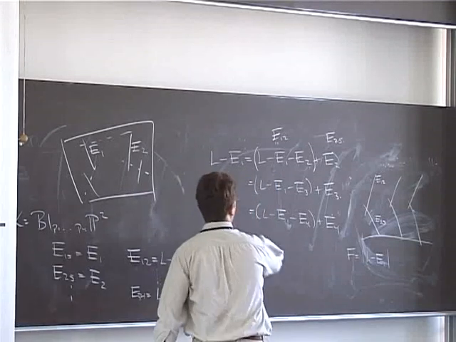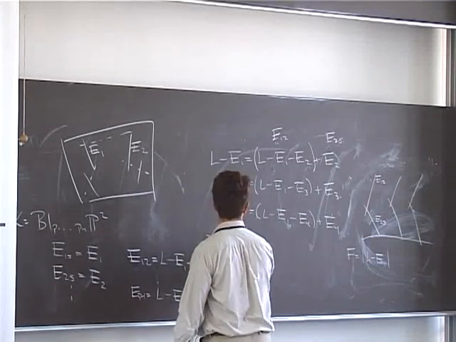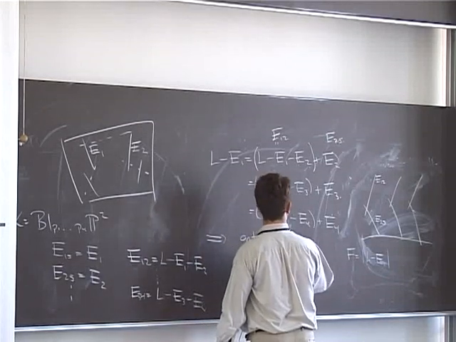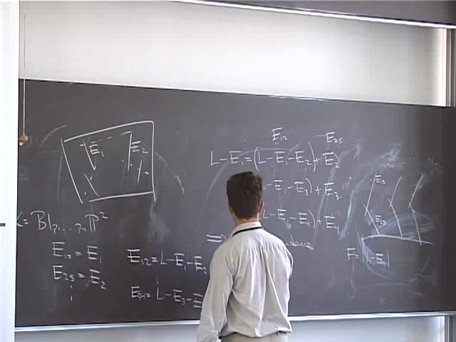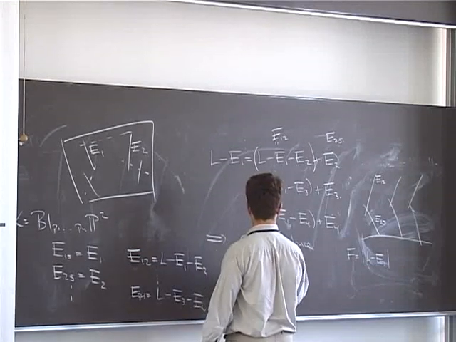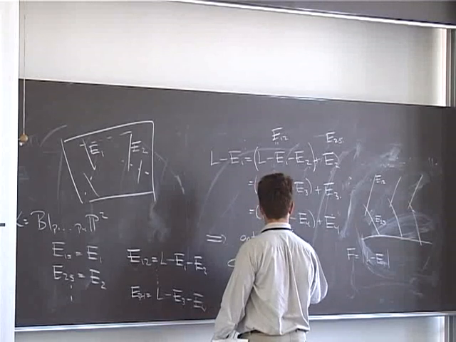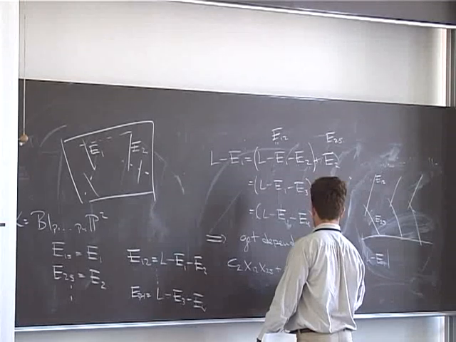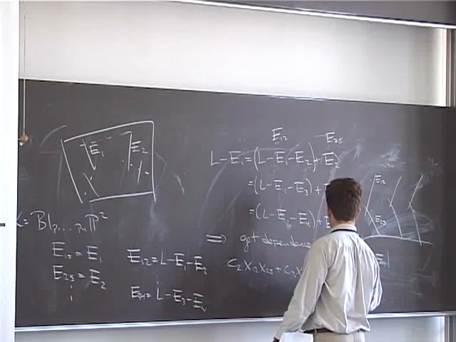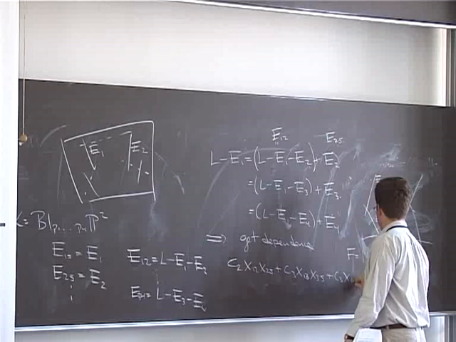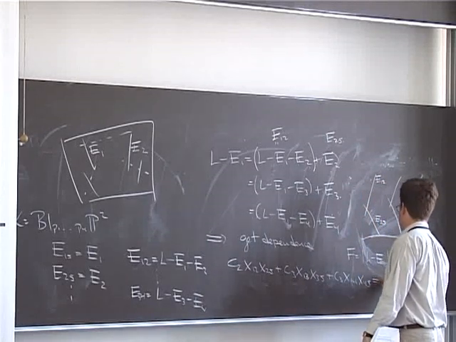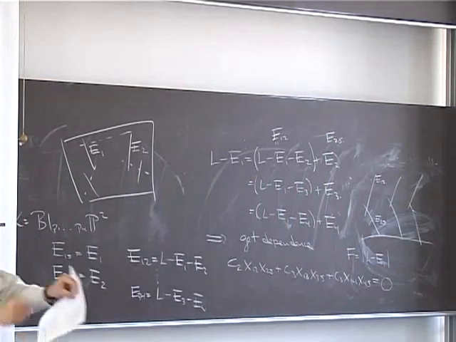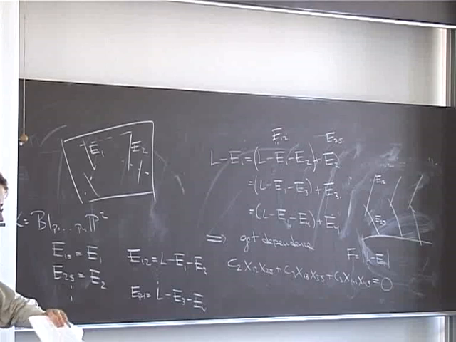So what this implies is that we get a dependence relation: C1 X12 X25 plus C3 X13 X35 plus C4 X14 X45 equals 0 in the Cox ring. I'm just using the fact that these three fibers are linearly dependent.